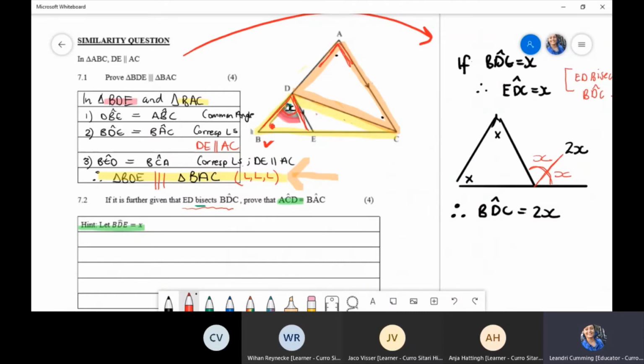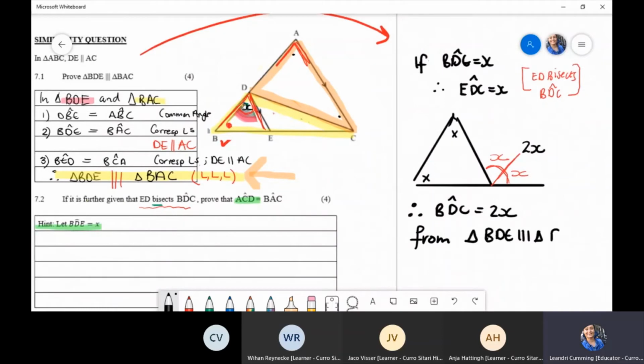Look at that. Now we've got our interlinking step from triangle BDE being similar to triangle BAC. I can make the statement that angle BDE is equal to angle BAC.